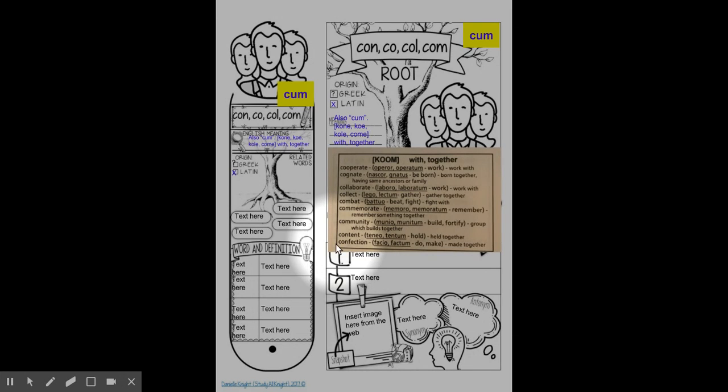Okay. Again, we have con, with or together, and then we have fect or facio or factum, which means to do or make. So a confection is made together. And so the sweets that we call confections, now we know why we call them confections.